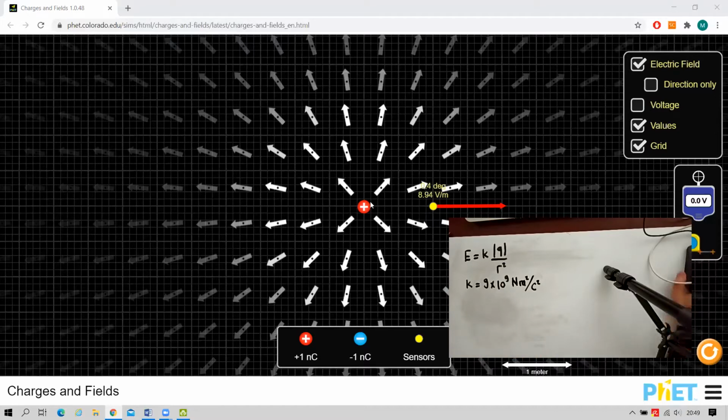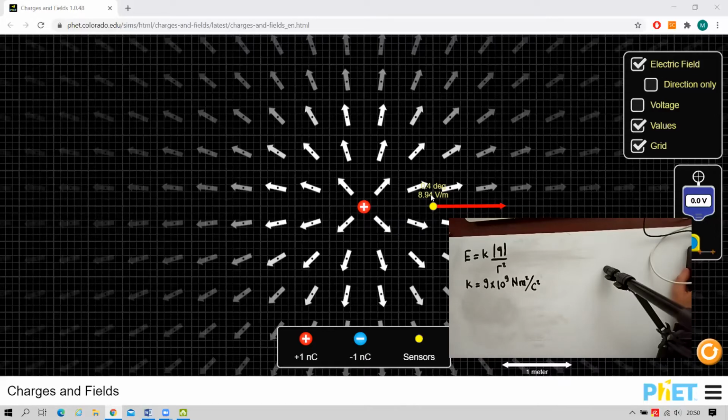You have a 1 nanocoulomb charge as the origin, and a point which is 1 meter away reads an electric field strength of 8.94 volts per meter.